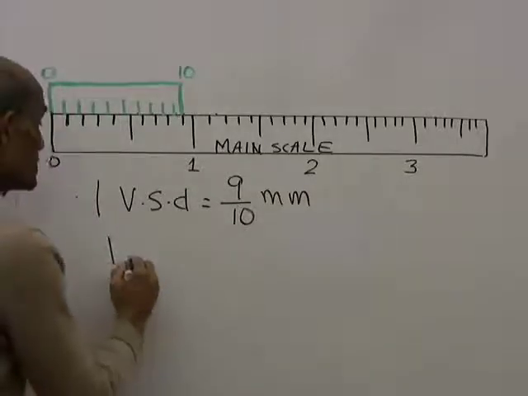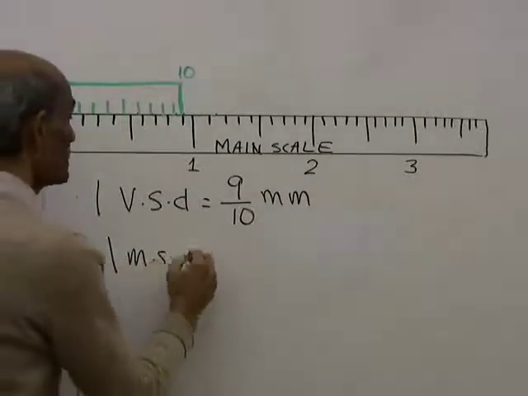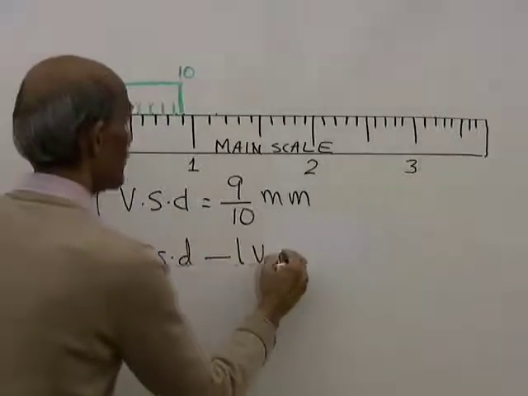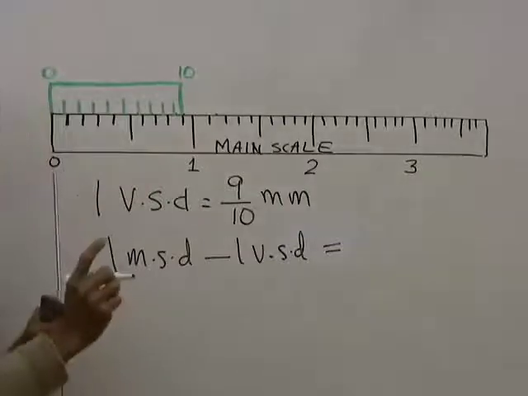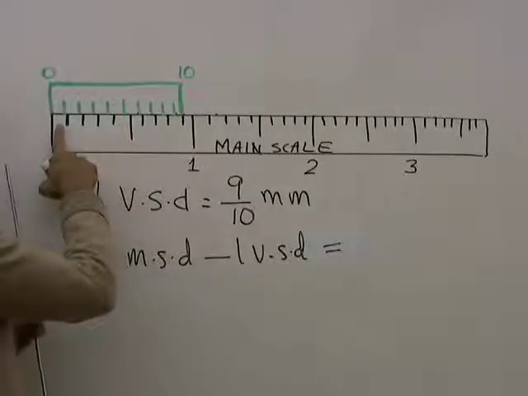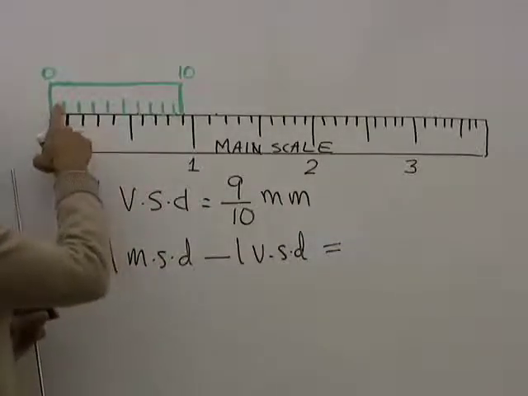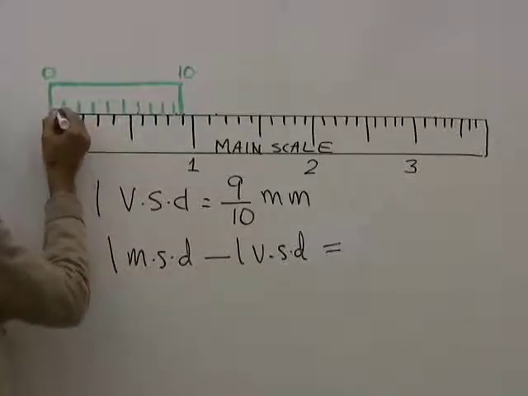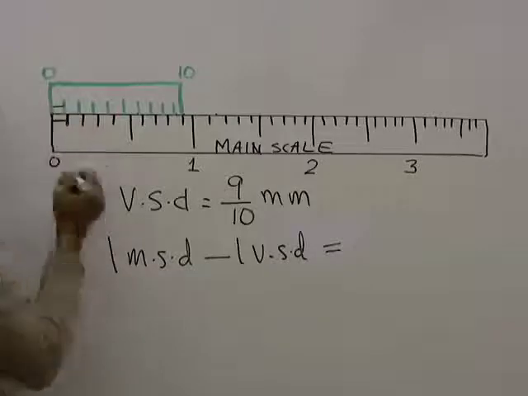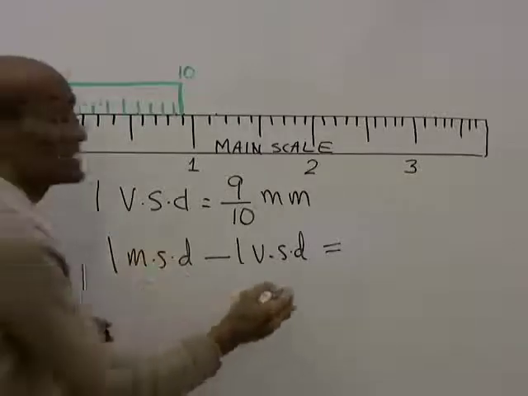Therefore, what is the difference between one main scale division and one vernier scale division?